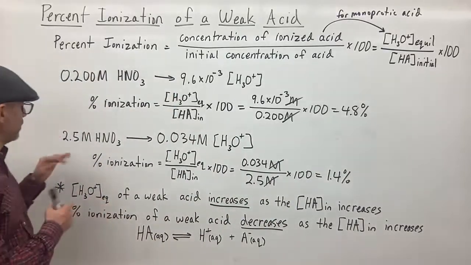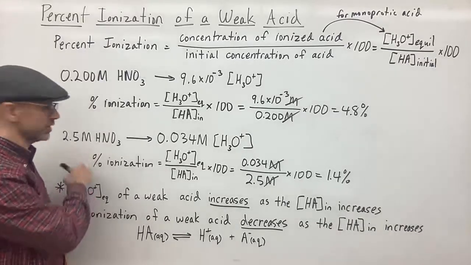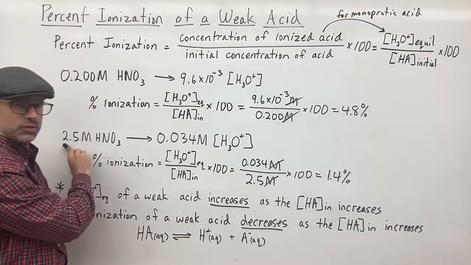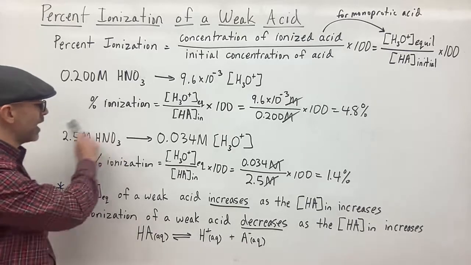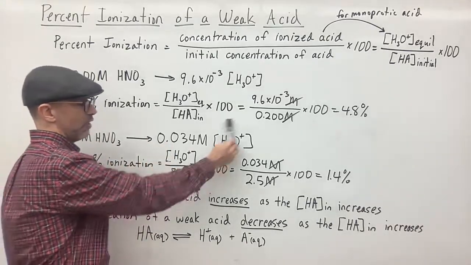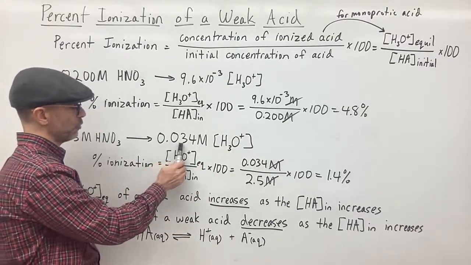So what happens if we increase the concentration of this acid? Instead of 0.200 molar, we start with a concentration of 2.5 molar. And we find that with that molarity, the concentration of our hydronium ion is now 0.034 molar.